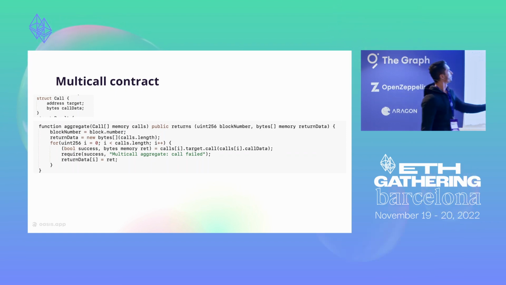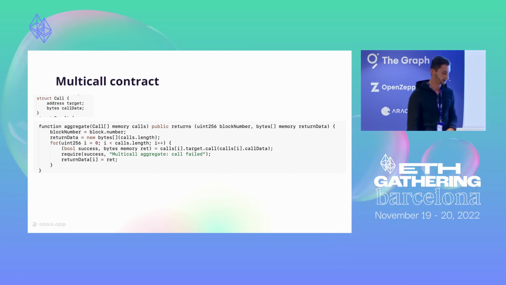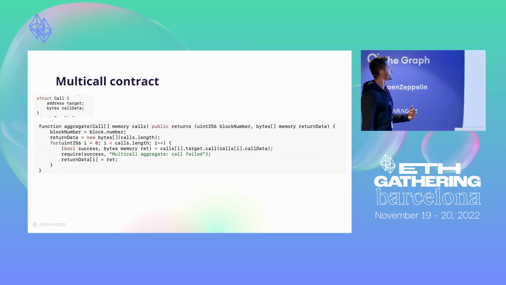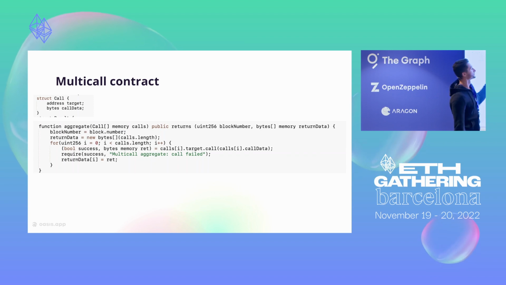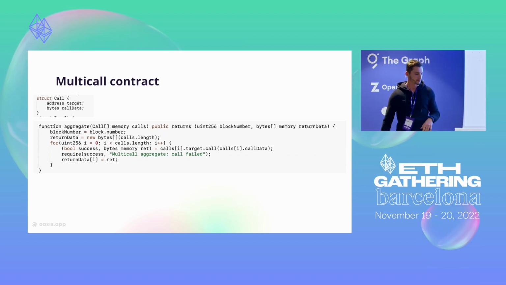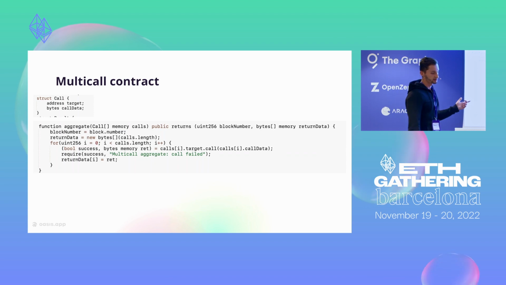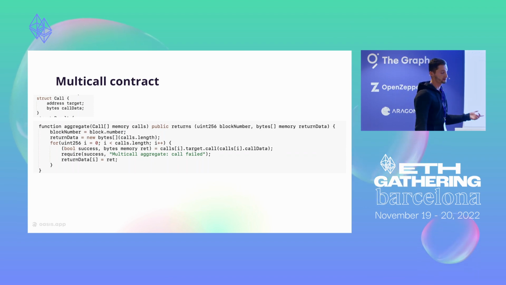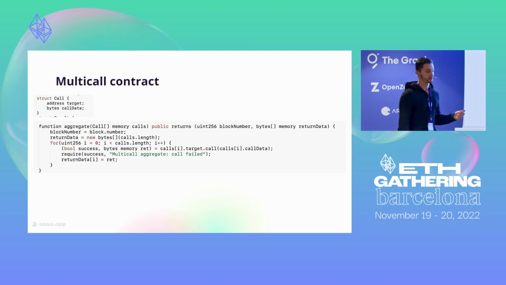It returns a block number and all the return data from the smart contracts. You can see we're calling our target smart contract with the call data, and the result is assigned to the return data. It's a really simple smart contract, and this one is actually deployed by the Maker team. You can search in their repository on GitHub.